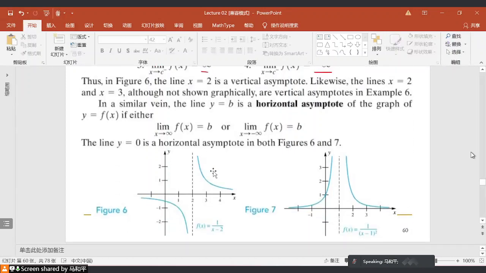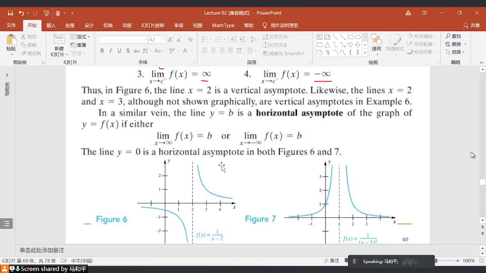In a similar way, the line y = b is a horizontal asymptote of the graph of y = f(x) if either the limit as x approaches infinity of f(x) is b, or the limit as x approaches negative infinity of f(x) is b.